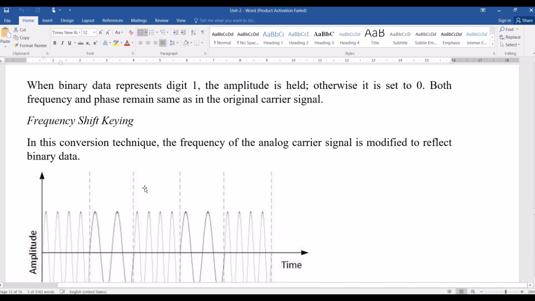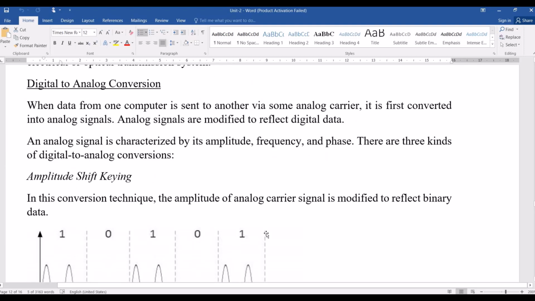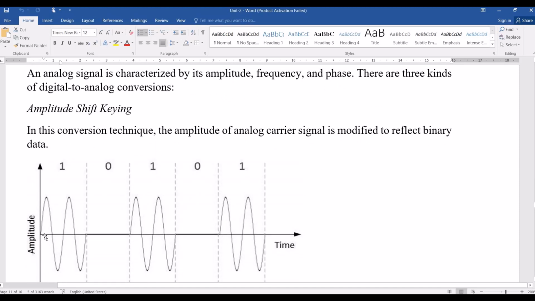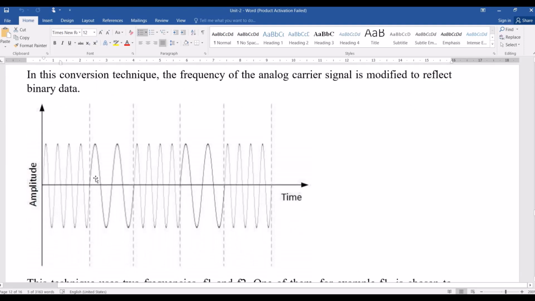And in frequency shift keying, the amplitude is constant. There is no change in the amplitude. In amplitude shift keying, frequency is constant. There is no high frequency, no low frequency. It's the same, but the amplitude changes. But in frequency shift keying, the amplitude is constant and it varies the frequency.